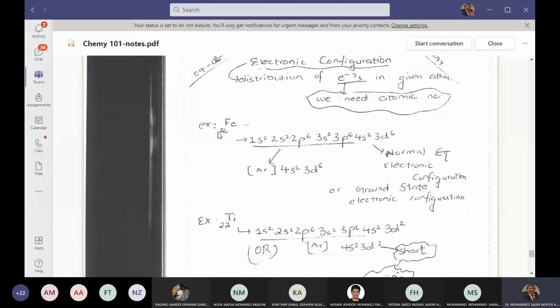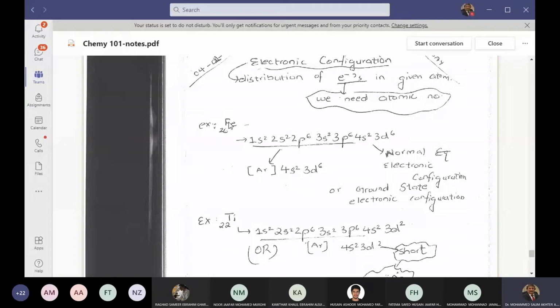Then electron configuration, Fe. Fe again, 4s2 comes first. Follow the diagram which you have, and you can write it down easily, my friend. Normal electron configuration. I don't know how to write the short form? Very simple.